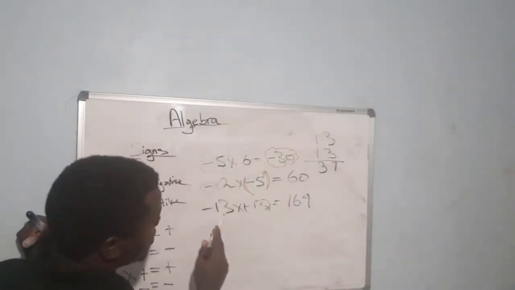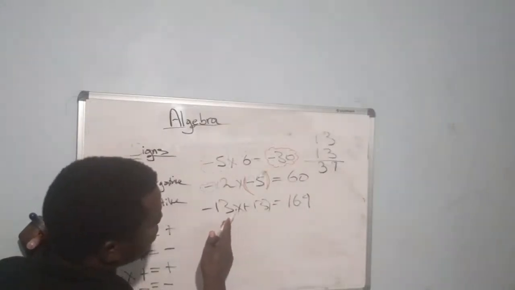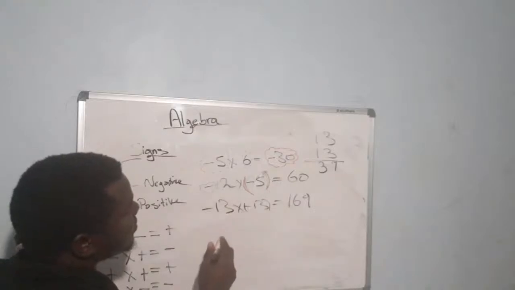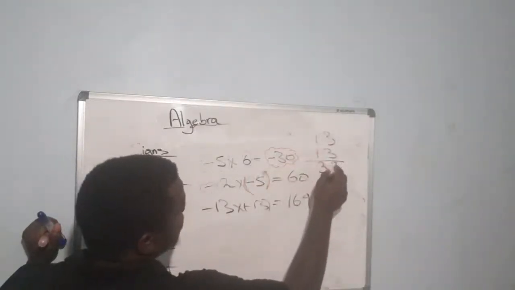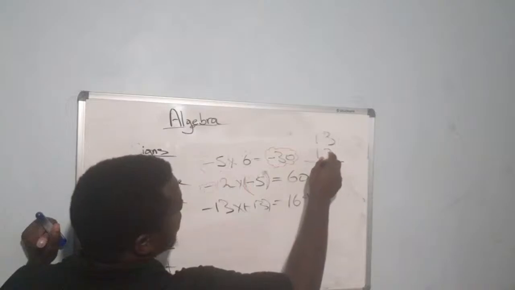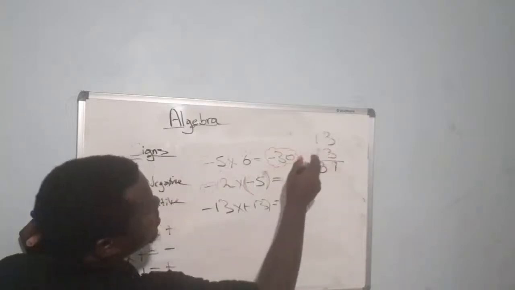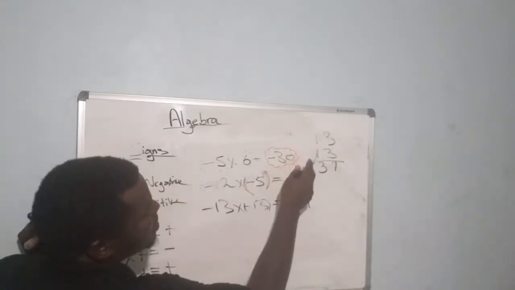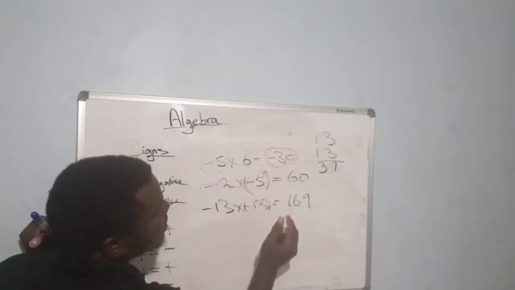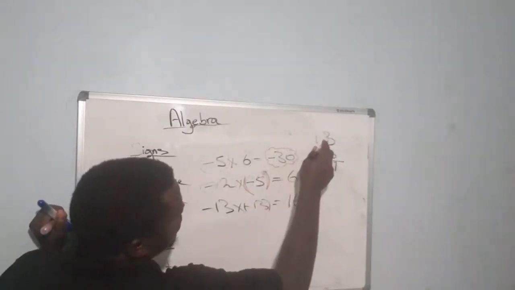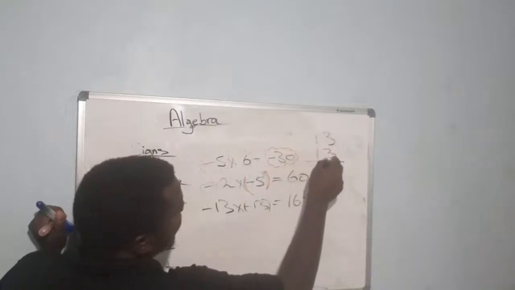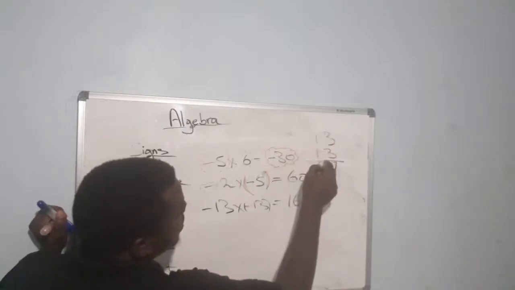So now it's 13 multiplied by 13. Alright? So it's 3 times 3 is 9. Because you're going to use the 3 first to multiply the 13. Then you use the 1 to also multiply the 13. So 3 times 3 is 9, and 3 times 1 is 3.